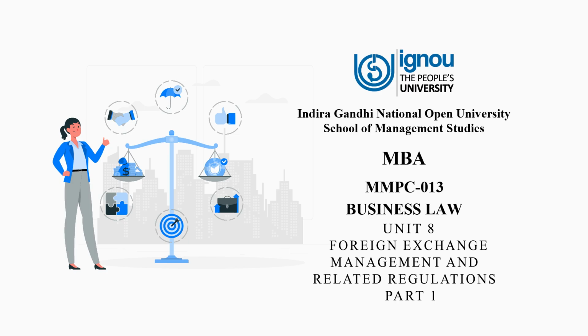For this, the RBI can authorize the authorized persons and issue directions to such authorized persons from time to time. Other than the ordinary or special permission of the RBI under the Act, or other than the manner provided under the Act, its rules or regulations, no person is allowed to: Number 1, deal in or transfer any foreign exchange or foreign security to any person not being an authorized person.